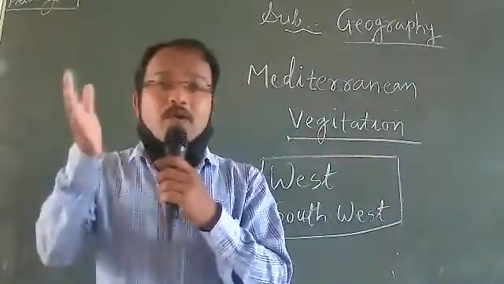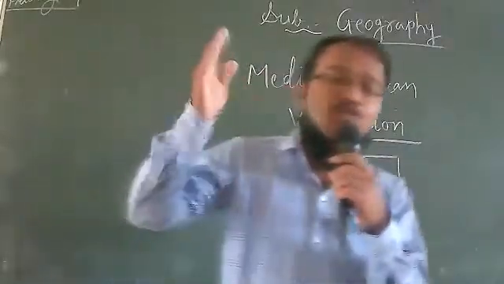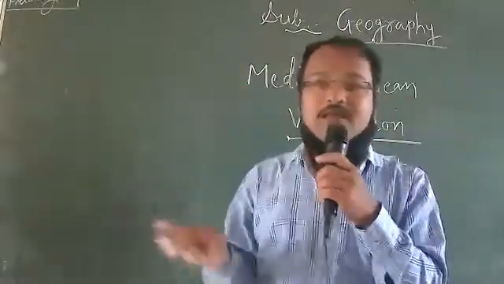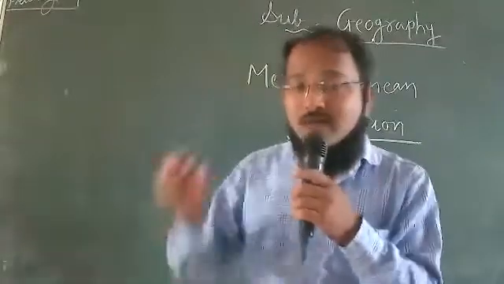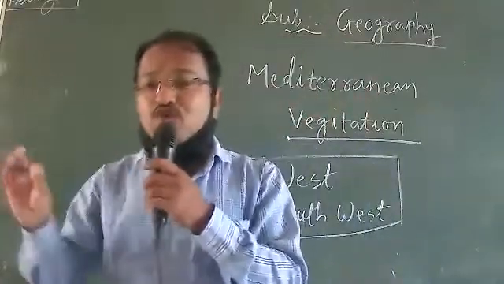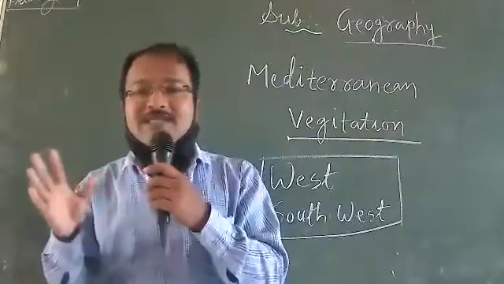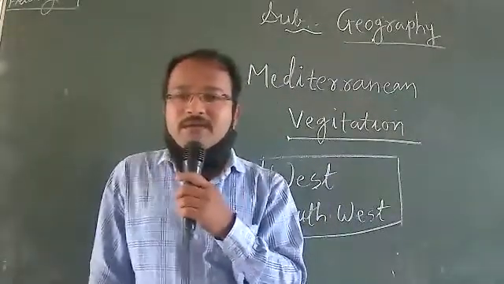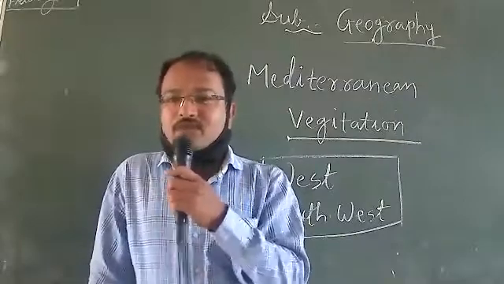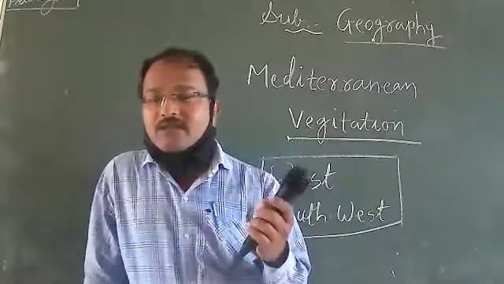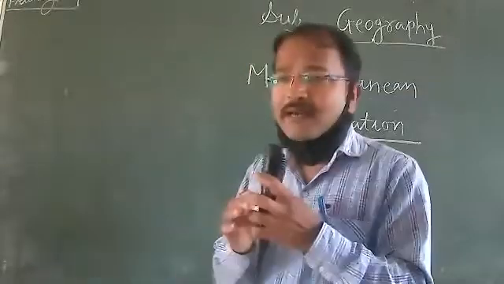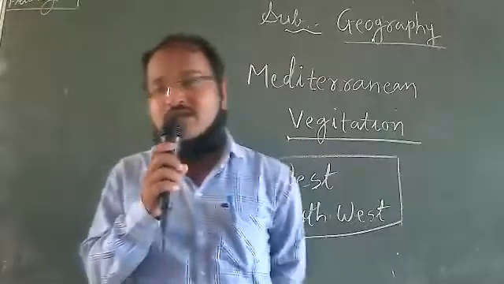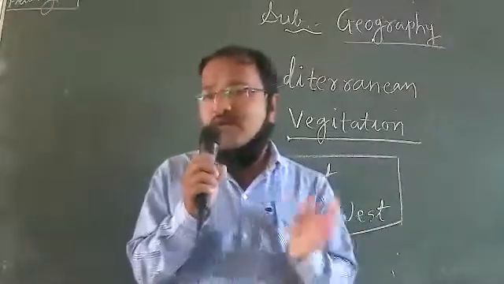And what about hardwood? Hardwood is used for making furniture, and then constructional materials also. But softwood is used for matchboxes, packing boxes, and newspaper. Then chir, pine, and cedar are the important varieties of trees in this forest. Which types of trees are found here?